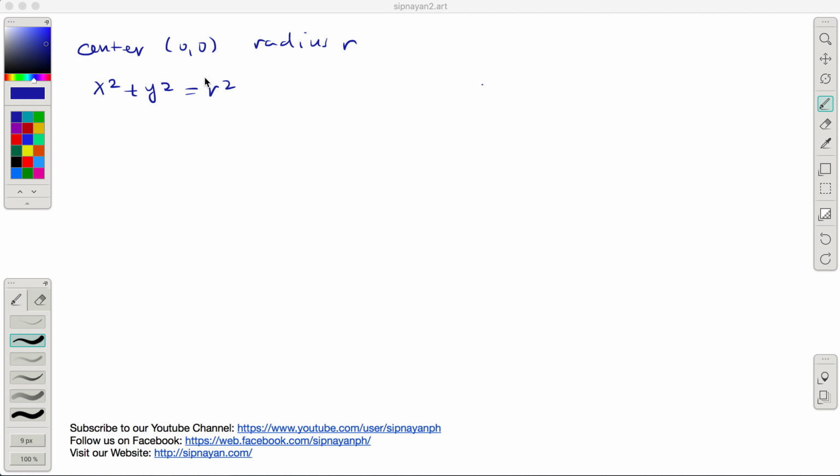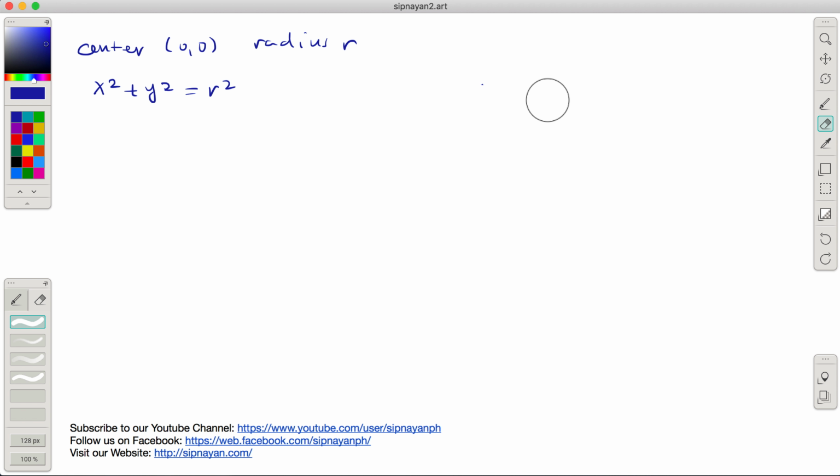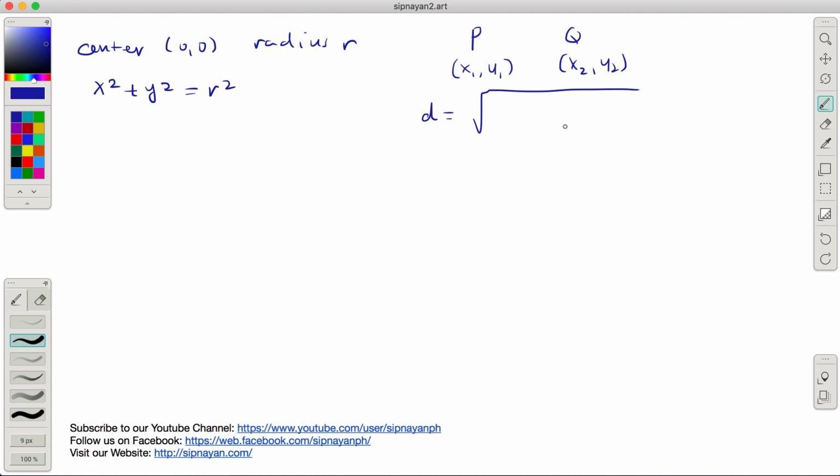Now, recall from your coordinate geometry the distance formula. If you have two points, P and Q for example, with coordinates (x sub 1, y sub 1) and (x sub 2, y sub 2), the distance between them, if you let the distance be d, is equal to the square root of (x sub 2 minus x sub 1) squared plus (y sub 2 minus y sub 1) squared.